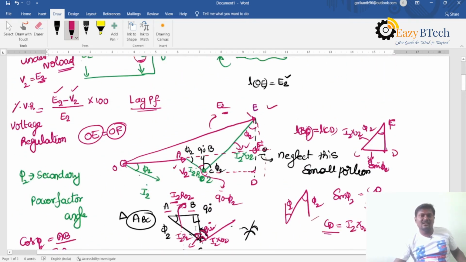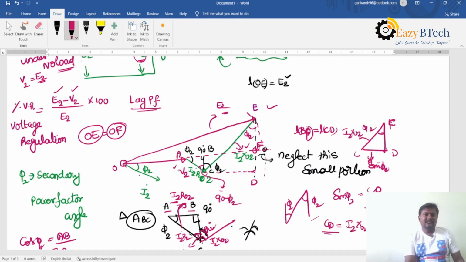Once again listen, this phasor diagram is very very important. I am taking the reference as OA line, that is V2. With respect to V2, I2 is lagging for a lagging power factor of the load, and the I2 R02 component is parallel to I2. The I2 X02 component is perpendicular to I2 R02, and I add this one, then I am getting the E2 value. And from this point OE, take this arc, and it will touch the point here.